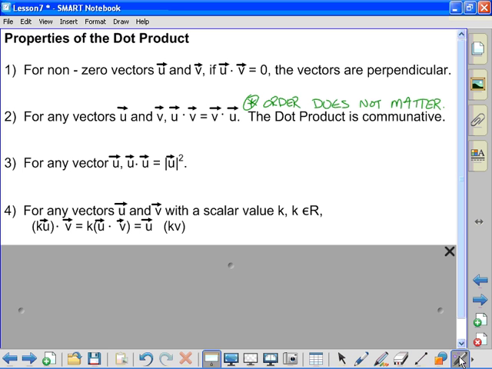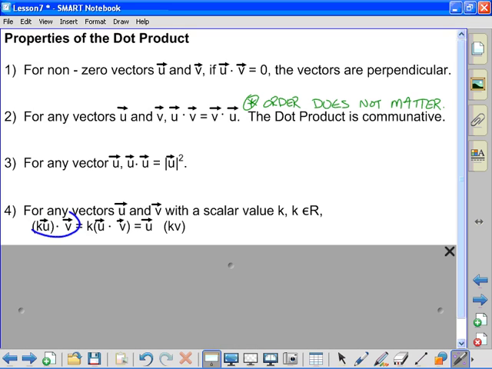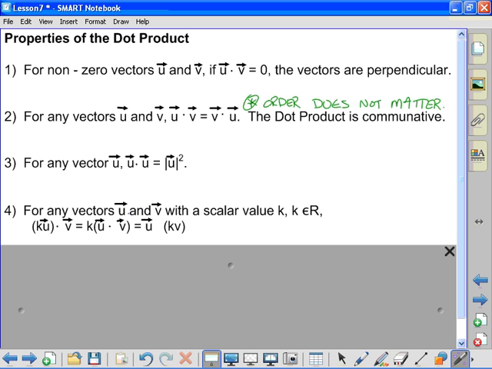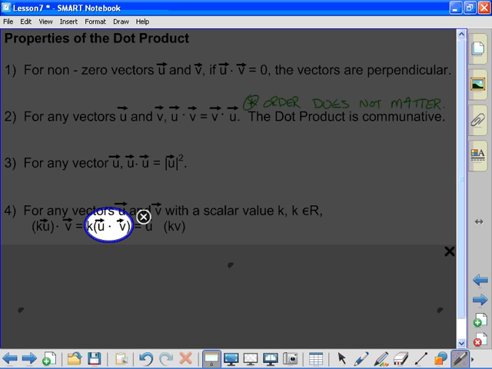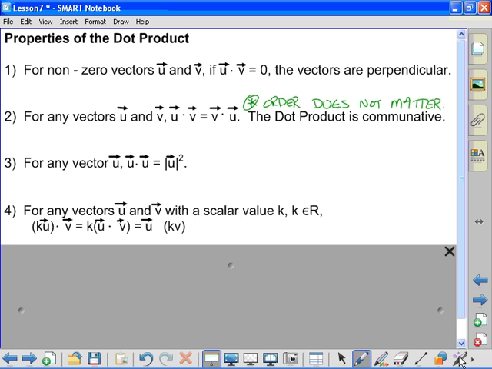If you look over here at the formula, the u vector is being multiplied by k as you do the dot product. All that means is that you're just doing u dot v and multiplying it by whatever scalar factor, or you can also put the k value with the v. So in the end, it ends up being k times bigger, whatever u dot v was going to be.